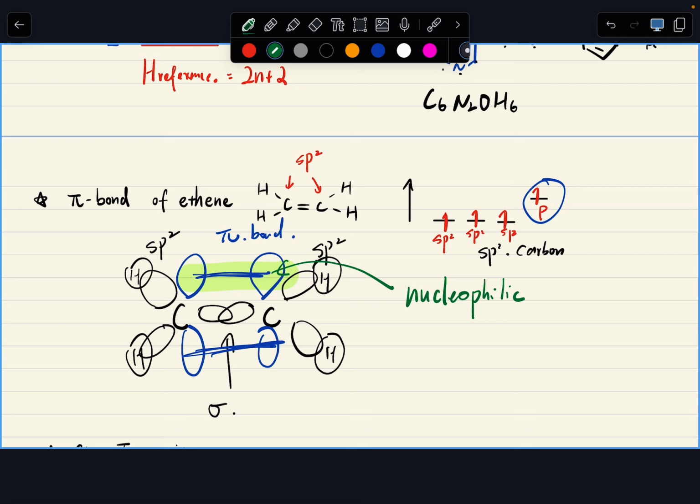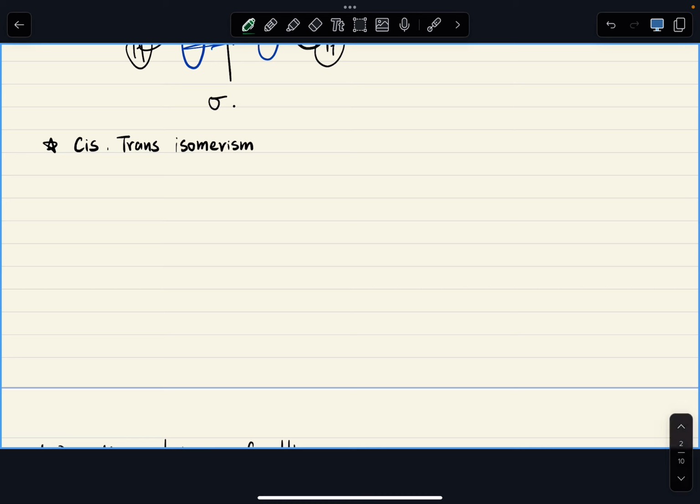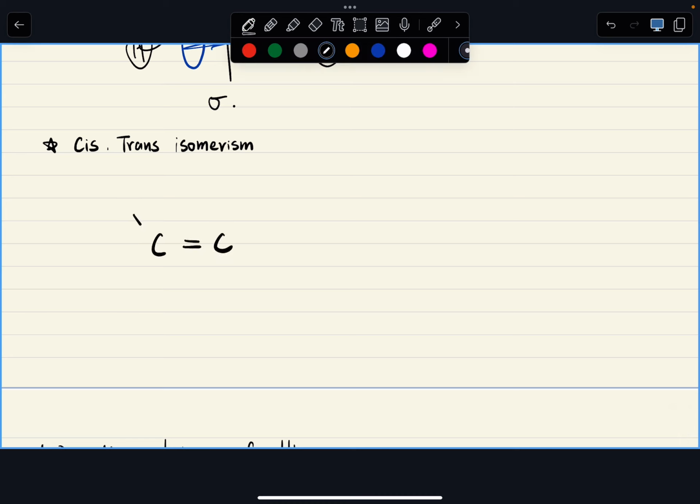What else do we know? We also discussed the stereochemistry of double bonded species. So for a double bond, for example, in this case, depending on the things attached to it, you can have R and R prime groups attached to it. So that's called a cis configuration when the two larger groups are on the same side with each other.